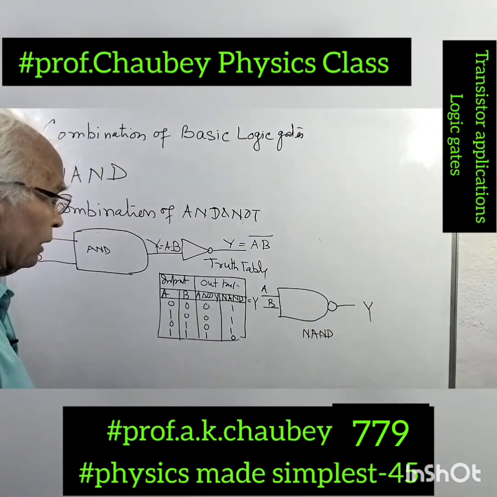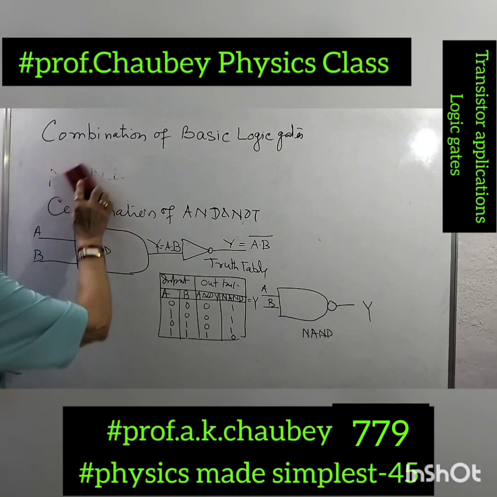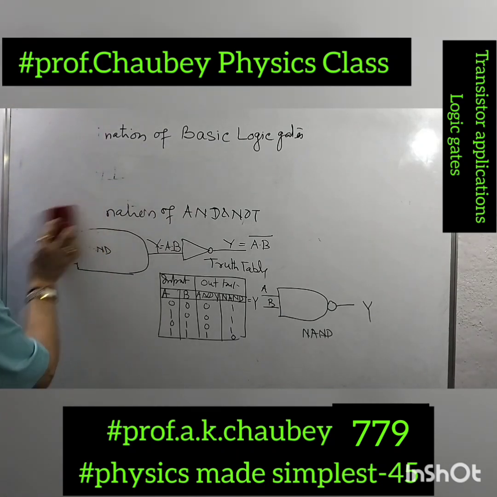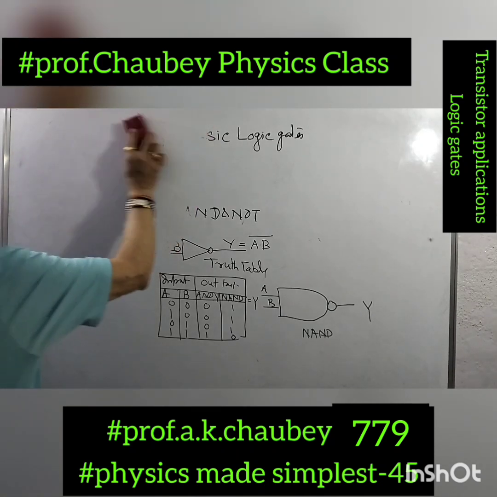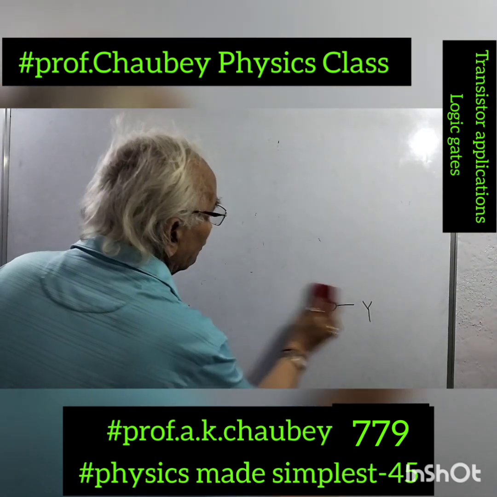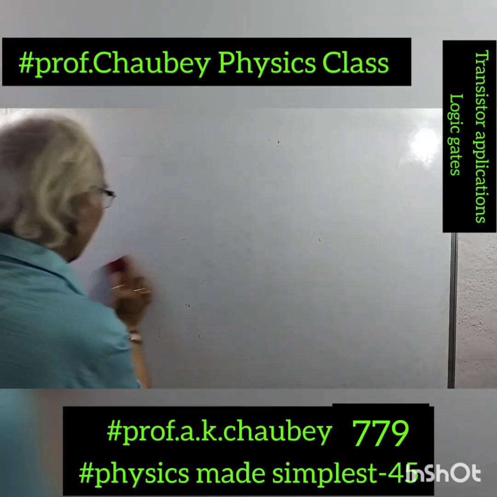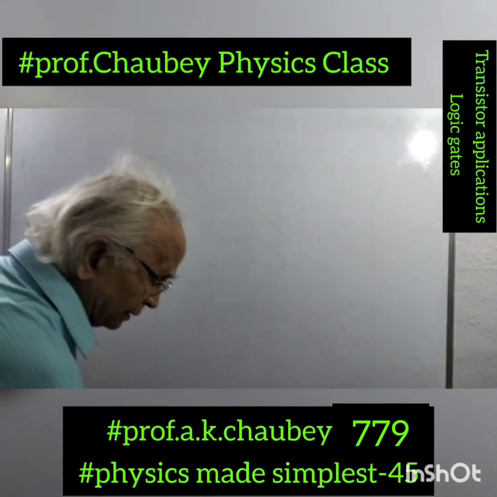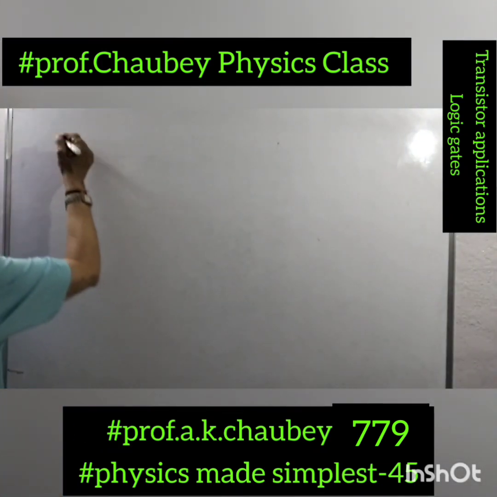And we can also have another gate combination, let us see, of NOT and OR. If we combine OR and NOT, we get the NOR gate.